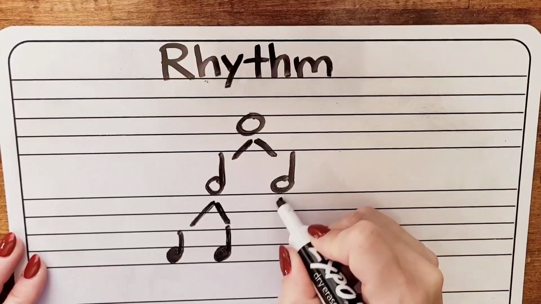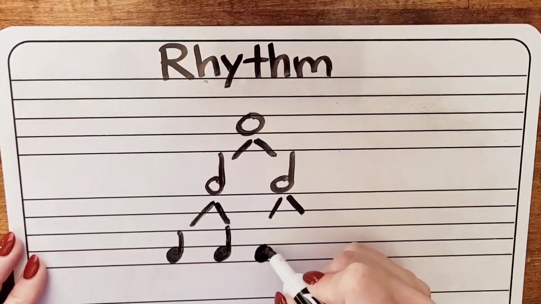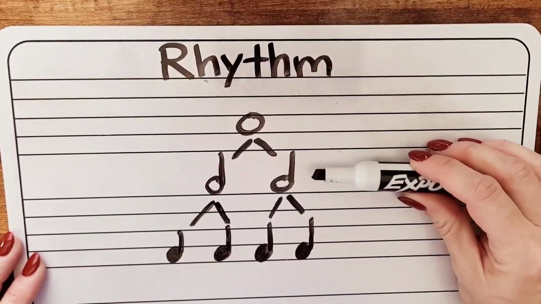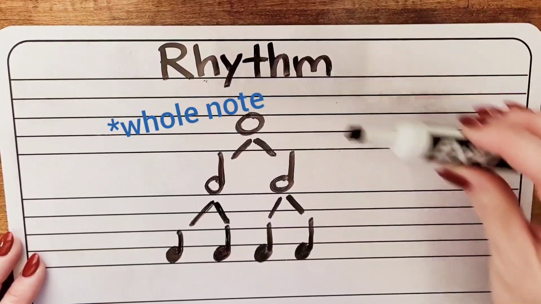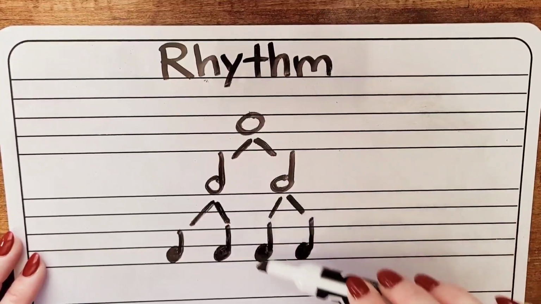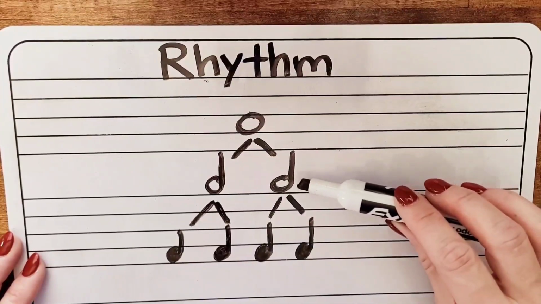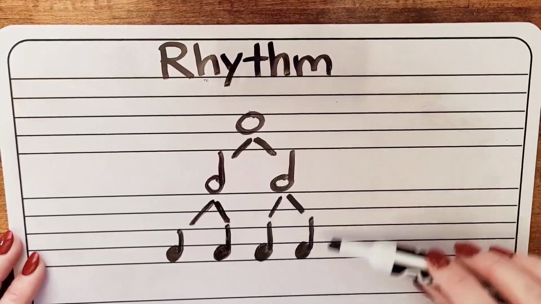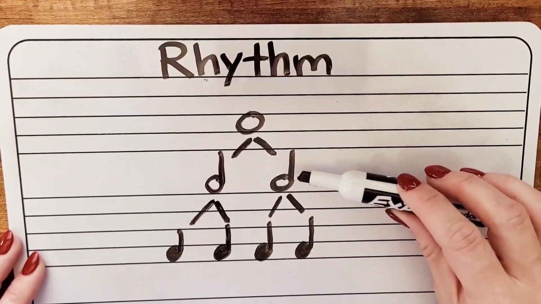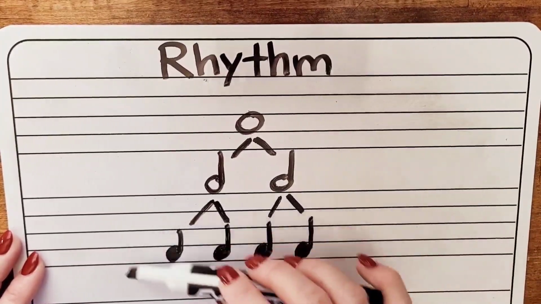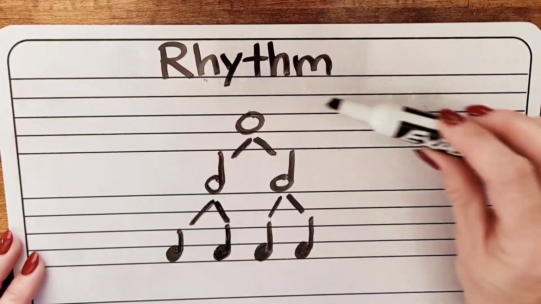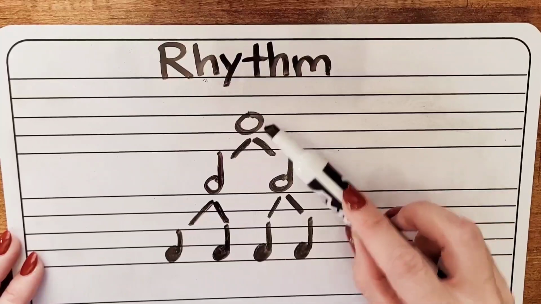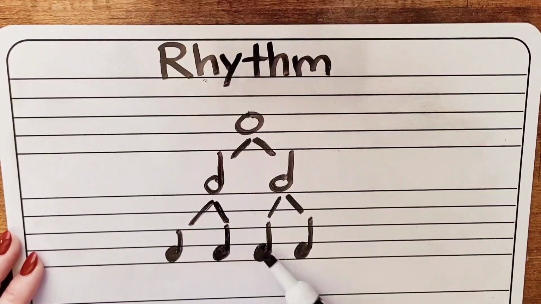I'm going to do it to the other side so you can see that 2 half notes fit into 1 whole note, or 2 quarter notes fit into 1 half note. 2 half notes fit into a whole note. 2 quarter notes fit into 1 half note, or 4 quarter notes fit into 1 whole note, because this is 4 counts and you have each one of these representing 1 count.